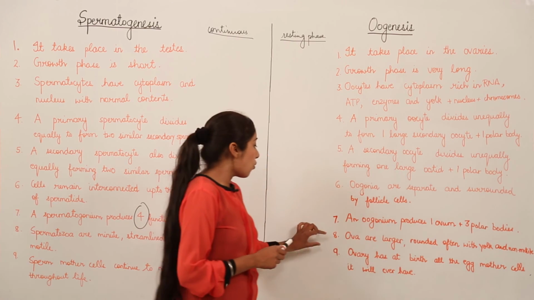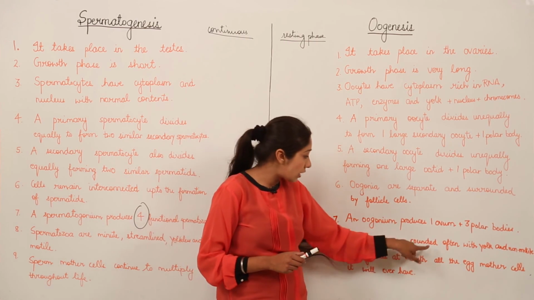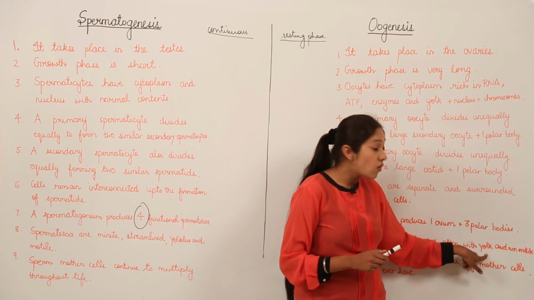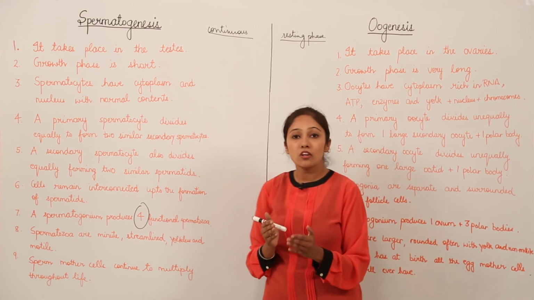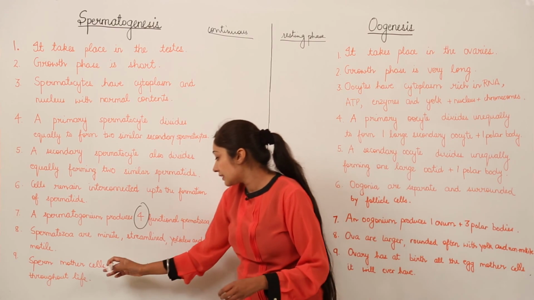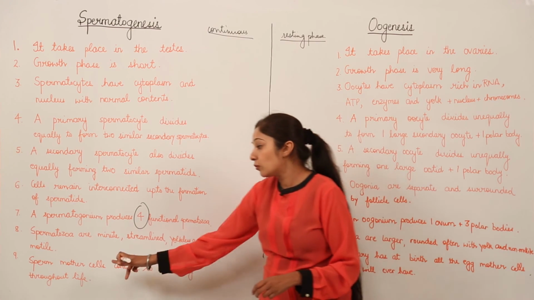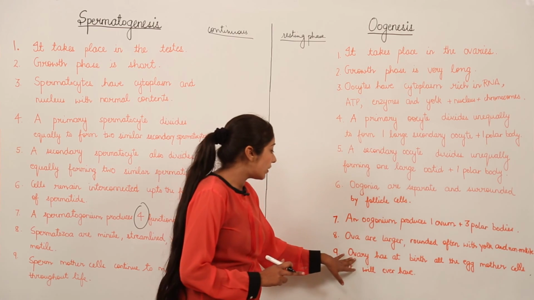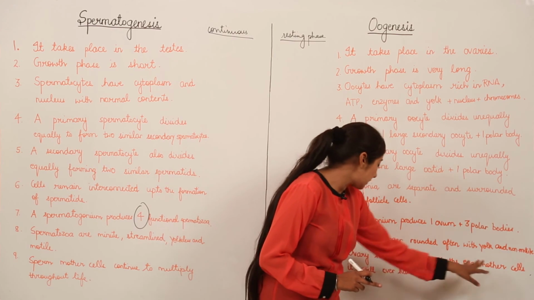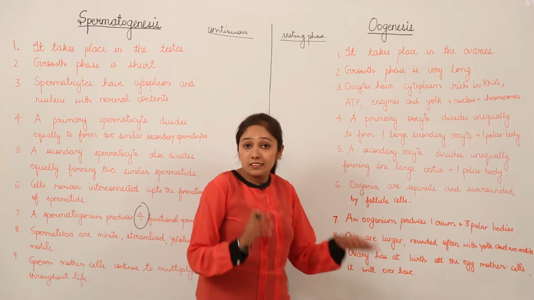But in this case, ova are larger in size, they are rounded and often have yolk, and they are non-motile, they cannot move. Then sperm mother cells continue to multiply throughout life, but the ovary has at birth all the egg mother cells it will ever have. This is a very important point.